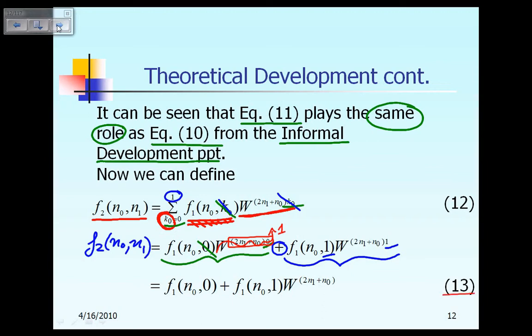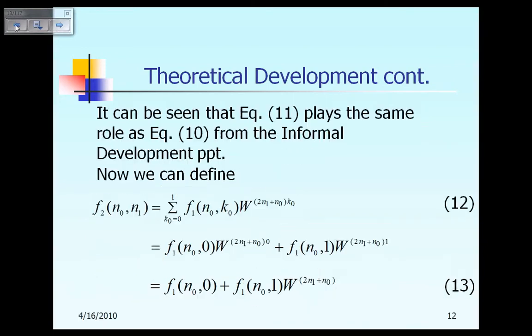So what you have left is f1 of 0, comma 0, that term is right here, and then the next term is the blue term, and that term is right there. So this is equation 13, to compute f2 of n0, comma n1.